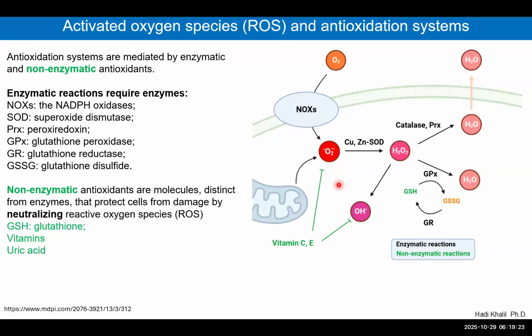there are systems implemented in our cells that take care of the moderate or low level of reactive oxygen species. Particularly, we described the NADPH, which is the major producer of these oxide ions, superoxide dismutase, which converts superoxide to hydroxides, the pyridoxine, the glutathione peroxidase, the glutathione reductase, and the glutathione disulfide.